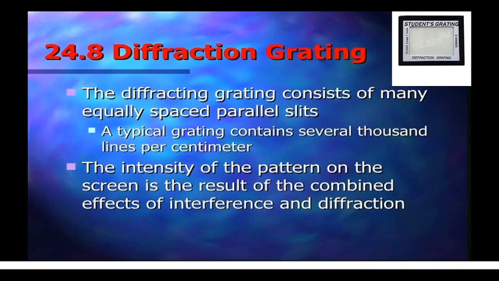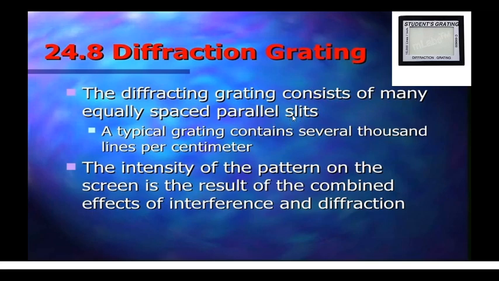So the space between each pair of lines acts as a slit. The grating is like a large number of slits, each slit being the space between the lines. So the diffraction grating consists of many equally spaced parallel slits.